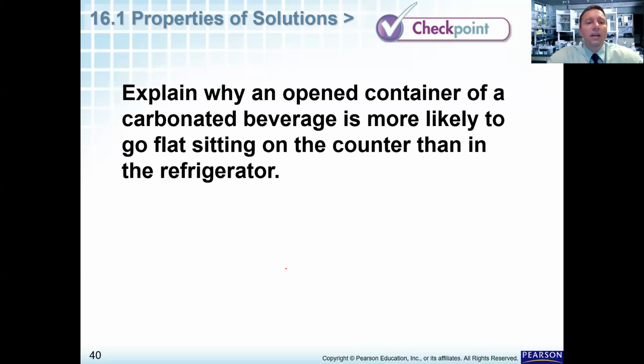So, checkpoint. Explain why an open container of a carbonated beverage is more likely to go flat sitting on the counter than in the refrigerator. So, think about this. If we had a liquid or a solid solute, and we wanted to dissolve it, for the most part, if our temperature goes up, the molecules are moving faster, so it will dissolve more, so the solubility went up.